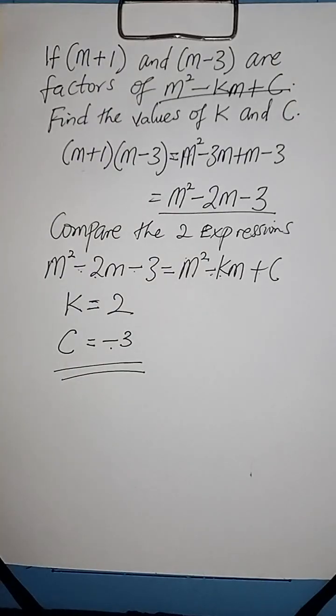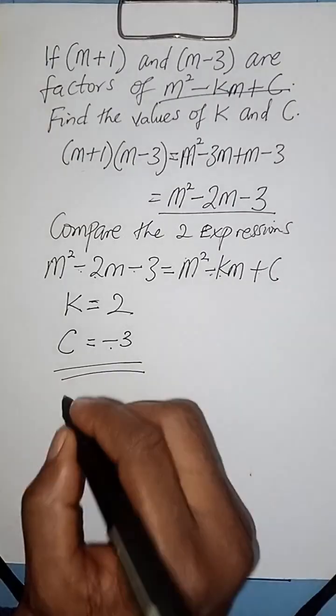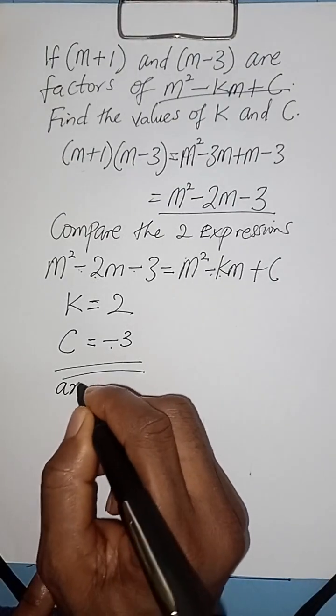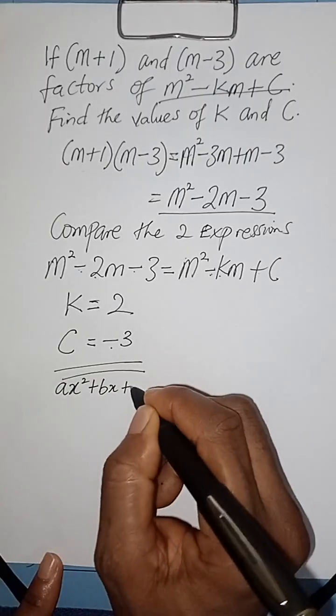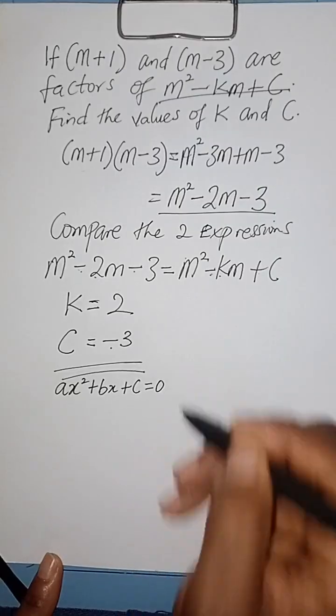Now, I may not be able to talk about the quadratic formula used in solving quadratic equations, but I can show you how to derive the formula in this video. Remember, the general form of the quadratic equation is ax squared plus bx plus c equal to 0.